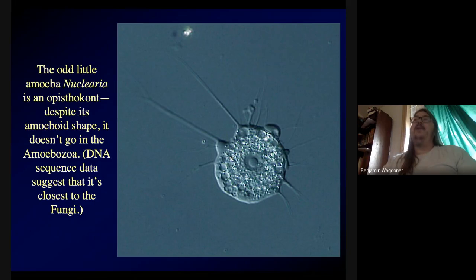We've already seen the brain-eating amoebas that are excavates, not amoebozoans. There are some rhizaria that are amoebas, but not in the amoebozoa. And Nuclearia is more closely related to the fungi than anything else. DNA analysis shows that. So this does not go in the amoebozoa. It's an opisthokonta.